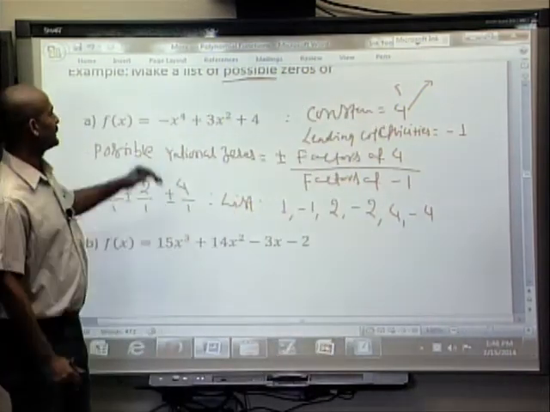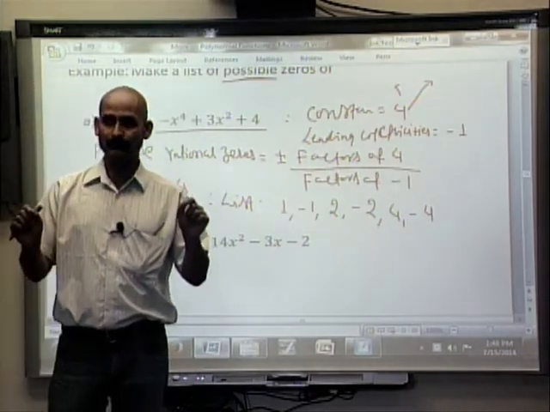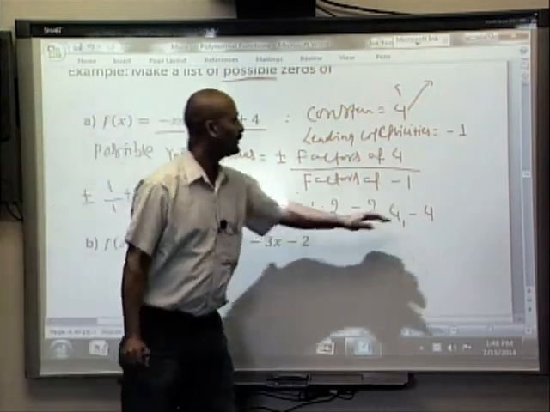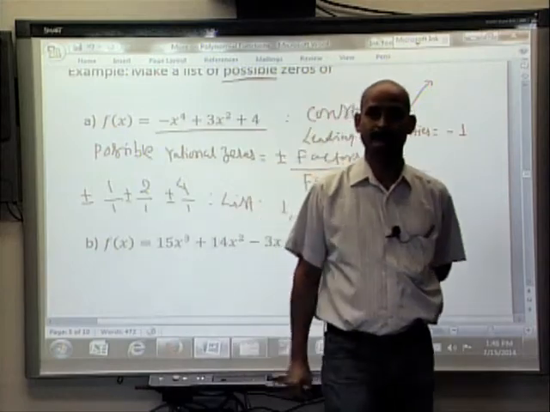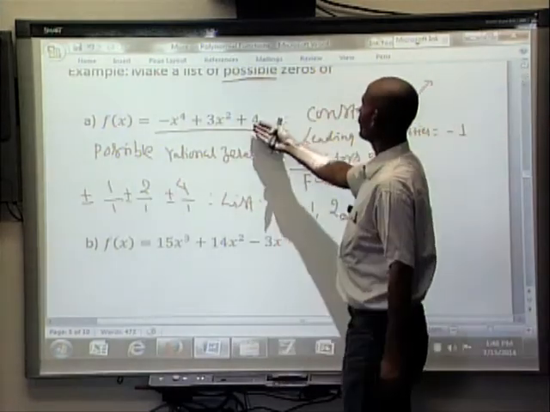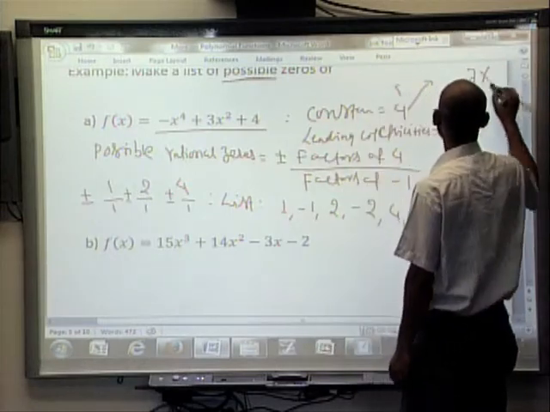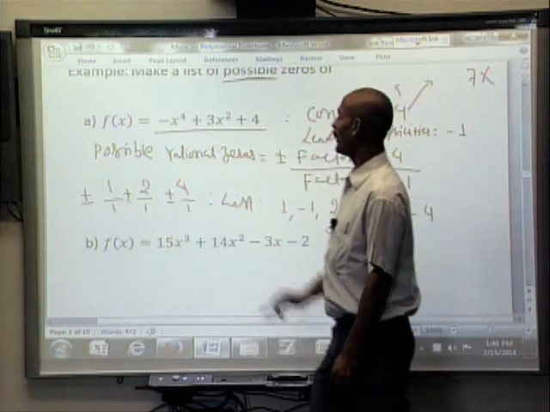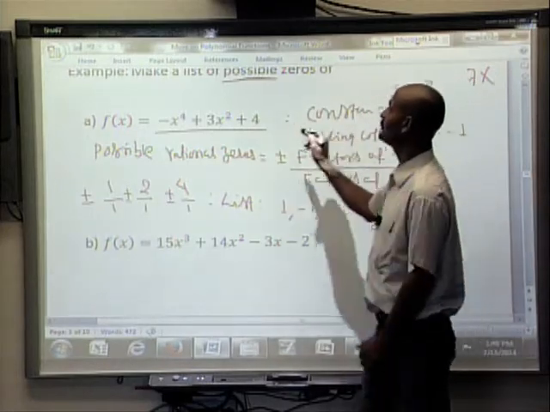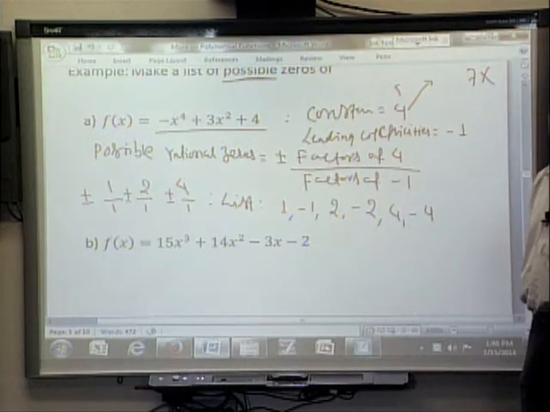What this means is, if this polynomial has any rational zero, it should be one of them, meaning that 7 cannot be a rational zero for this polynomial because it is not in the list.